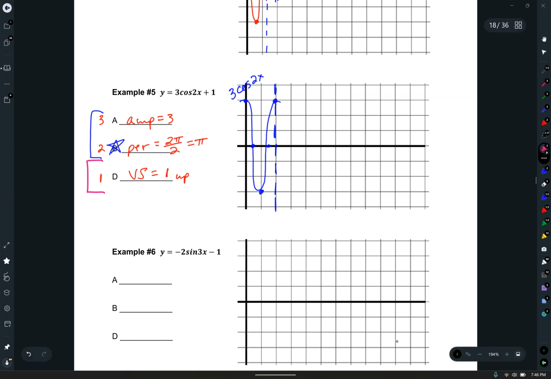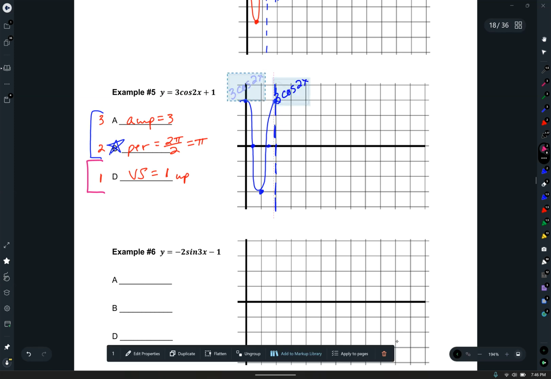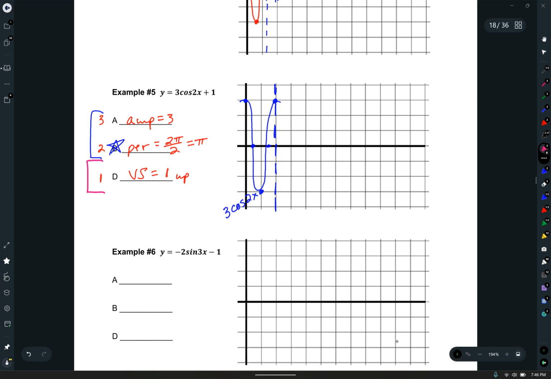Okay, now I'm going to bring in the vertical shift. So I'm going to take every single one of those 5 points and move it up 1. Let me move this name down here so it's not in my way. So I'm going to move every single point up 1. So this one goes up 1, the end goes up 1. Remember, I like to move them up in the same order that I plot the points. I'm not saying you have to.